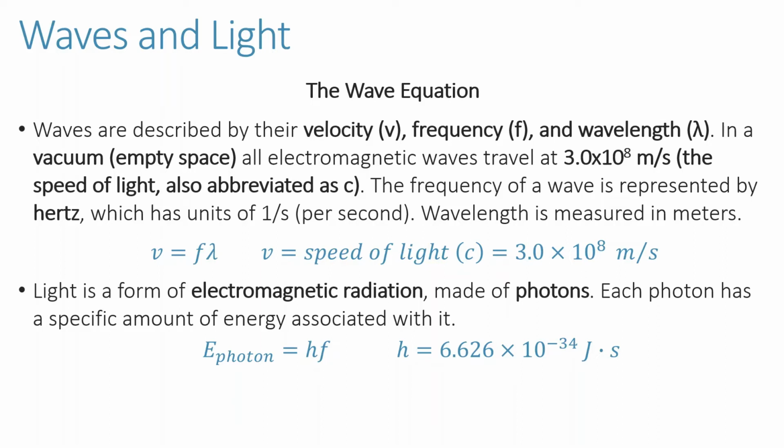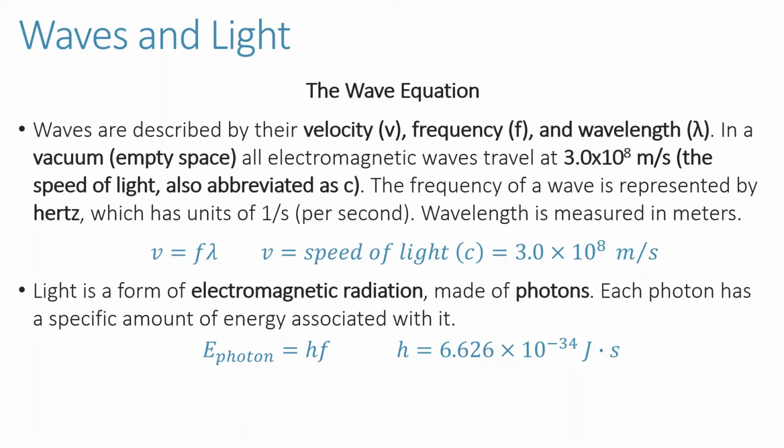The frequency of a wave is represented by hertz, which has units of 1/second, so per second. Wavelength is measured in meters. We're looking at a couple of equations here. First, we have v, velocity, equals f, frequency, times lambda, which represents wavelength. That's a Greek symbol.